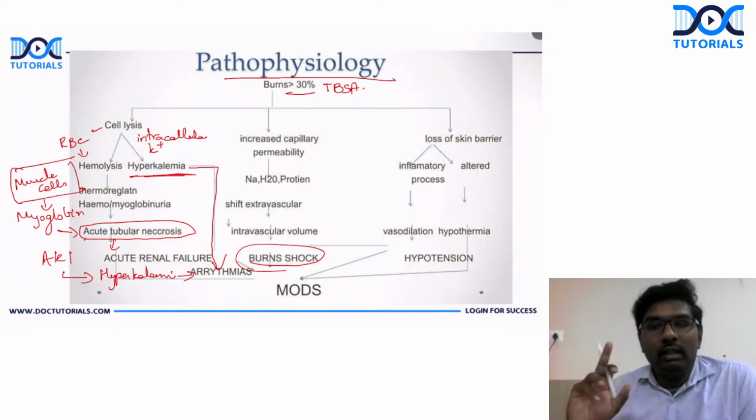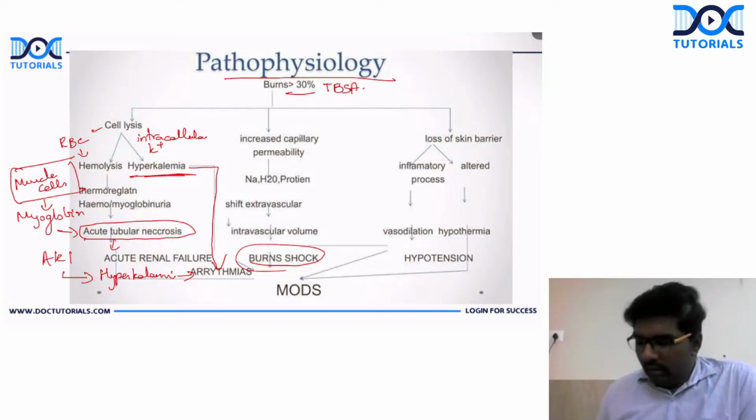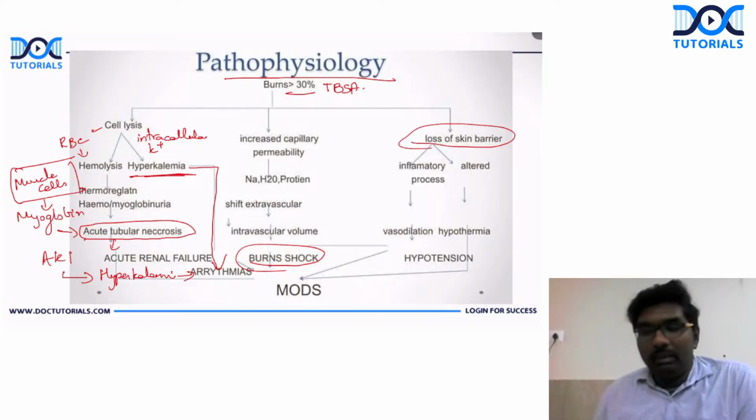If treated in appropriate time, this is reversible. If not, then the patient will have an irreversible shock or a refractory shock. This can cause death even. And of course, when there is a loss of skin barrier, the patient is more prone to infection and inflammation.